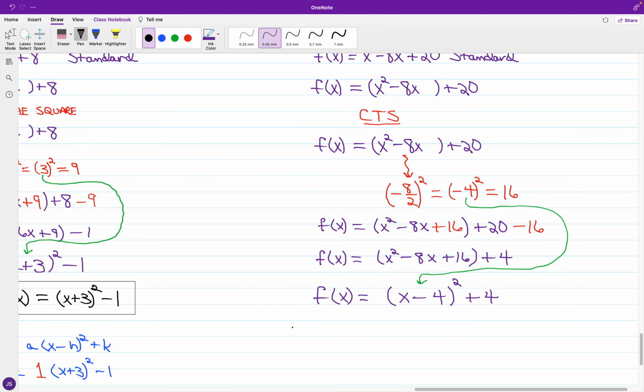So the vertex form we have is the square of x minus 4 followed by the addition of 4.